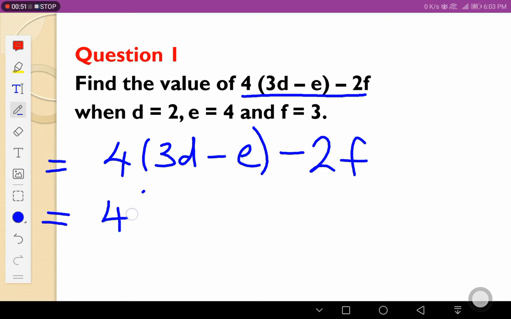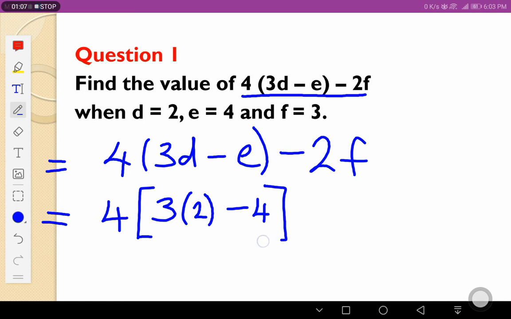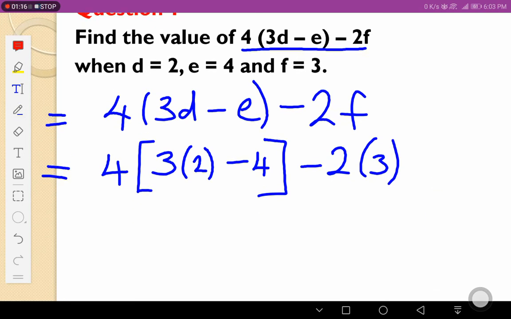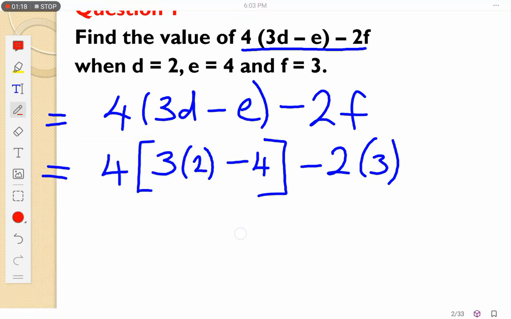So we have 4 by, let me have it as a bigger bracket, then 3 multiplying d, our d is 2, minus our e is 4, then minus 2 by f is 3. These brackets that I'm putting simply mean that we are multiplying there.